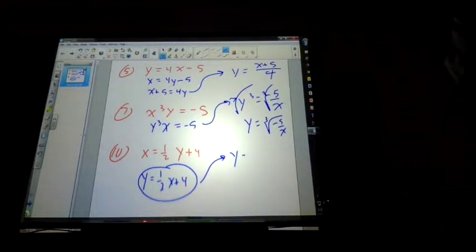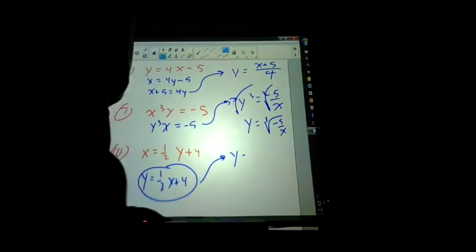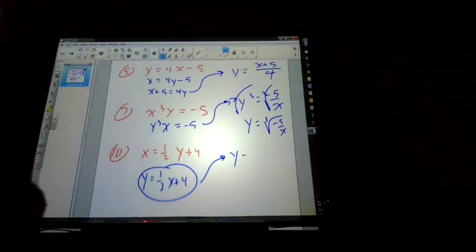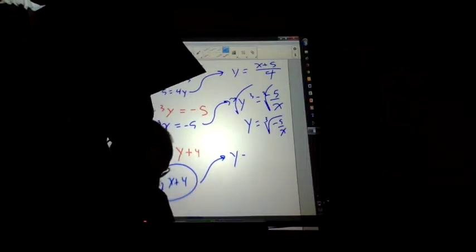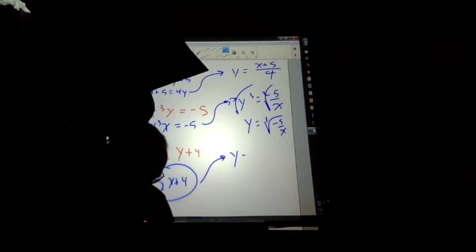A couple of you, I know you had some questions about this. It says, given the function f, prove that f is 1-to-1 using the definition of a 1-to-1 function on page 350. So let's just verify what 1-to-1 meant. A function f is 1-to-1 if different inputs have different outputs.